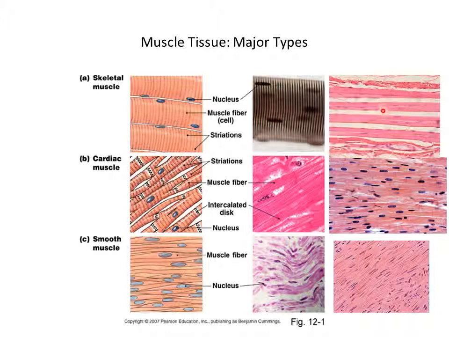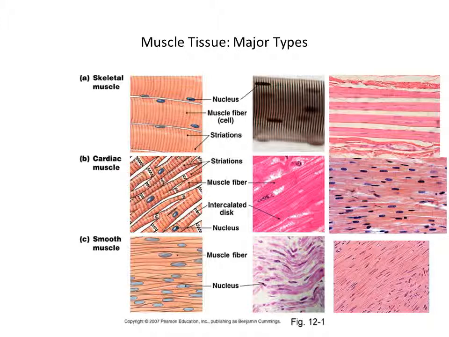If you blow up this one, or if you look really hard, you can actually see the striations. They're also multinucleated, so they have multiple nuclei in each fiber. That's a function of their development. The other thing about these is their function. This is the actual locomotion of the body, and they're the only voluntary muscles.